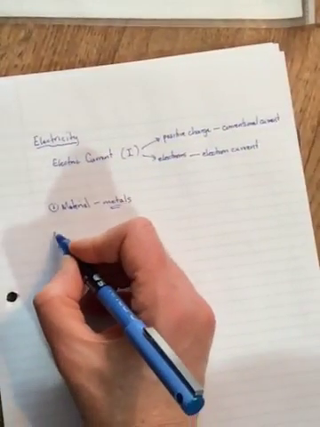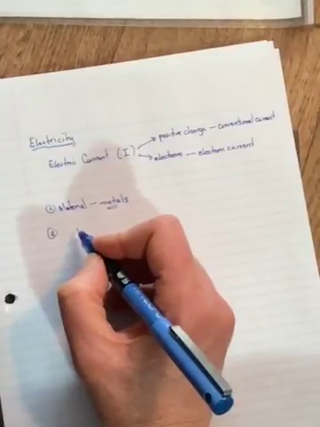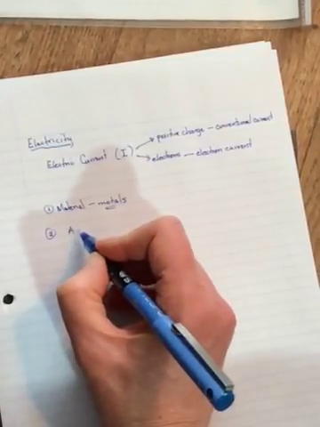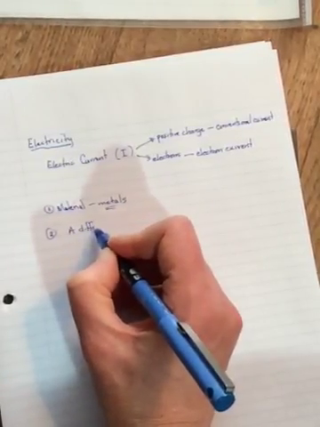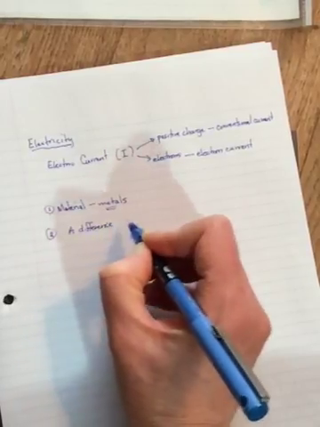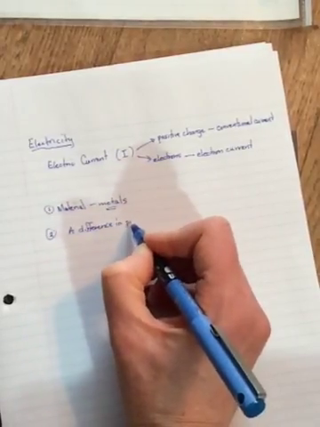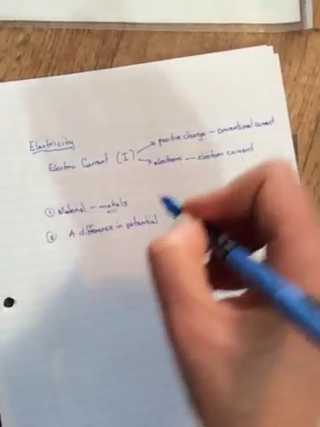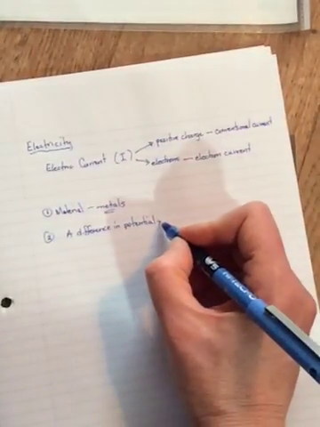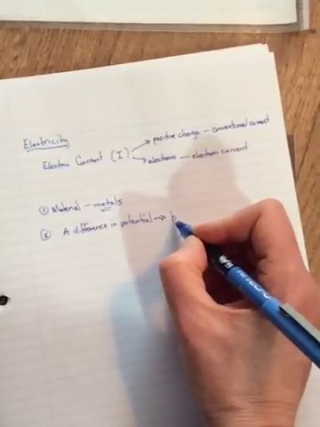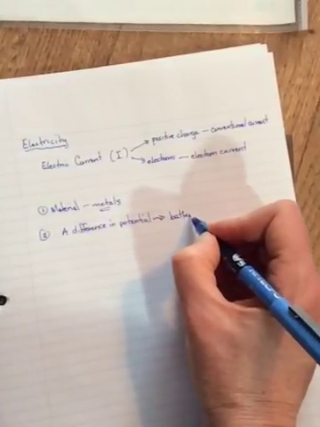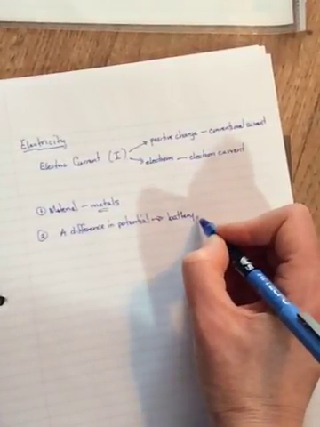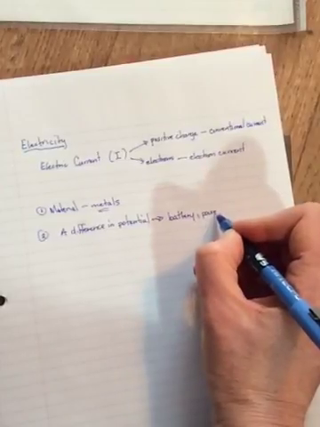What else do we need for current to flow? We need a difference in potential. In other words, we need a voltage. We need something that will create a difference in potential between 2 points, and that something is usually a battery, a cell, a power supply of some kind.